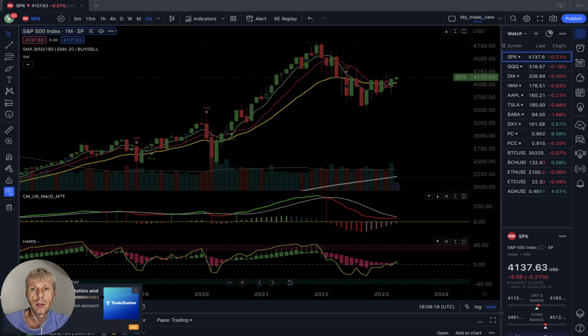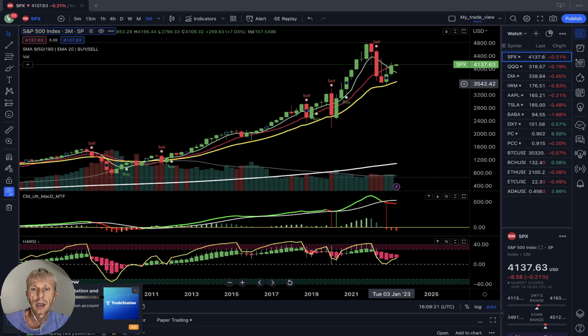Quarterly time frame is still negative on all indicators, and the last bar is kind of far from 20 and far from 200. But the quarterly time frame is a very huge time frame.